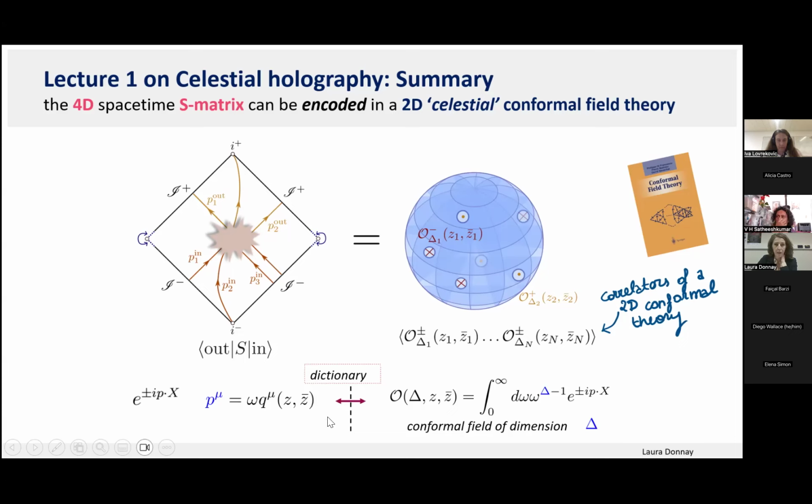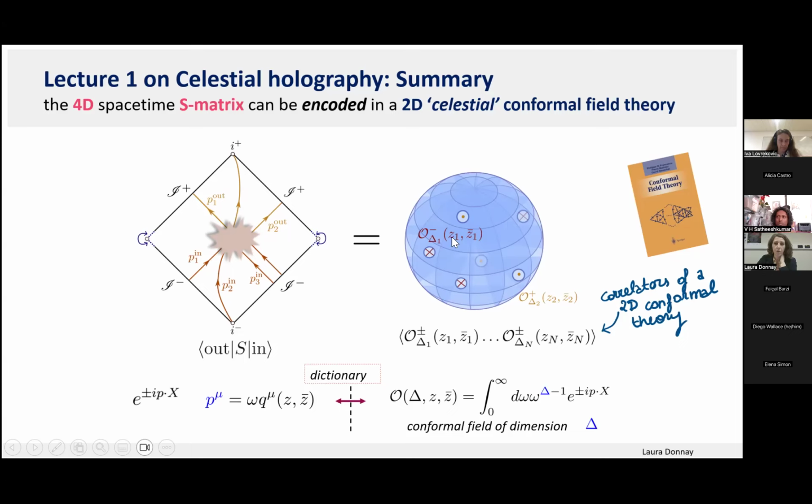And by using this integral transform called the Mellin transform, we are going to recast those amplitudes in a new basis called the celestial or conformal basis, where now each particle in the bulk will be associated with an operator of conformal dimension delta, which is inserted at a given point Z and Z bar in the sphere.